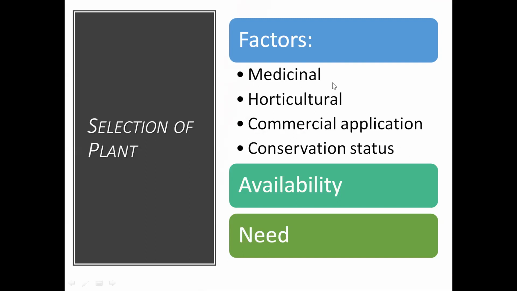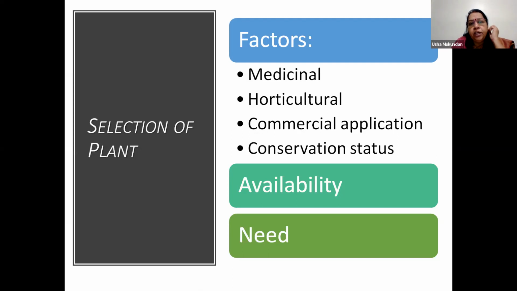Now, the factors which are there, like as I said, how do you select? It should be horticulturally important. That means it can be a fruit crop or a crop which is economically important. It can be a medicinal plant. See, Safed Musli, I've seen people are growing now on a mass scale, and this has brought new revenue to the farmer.